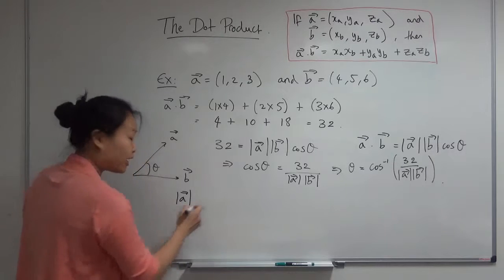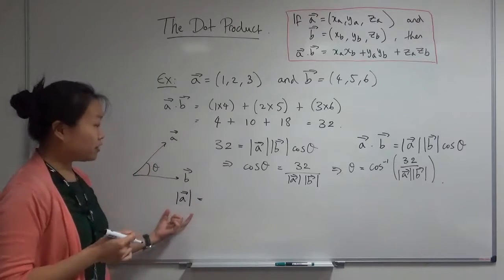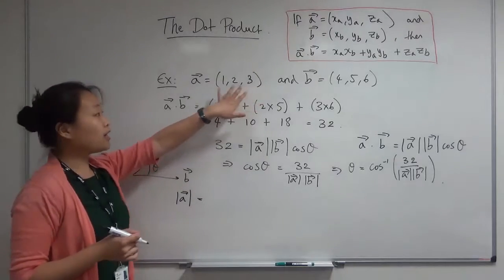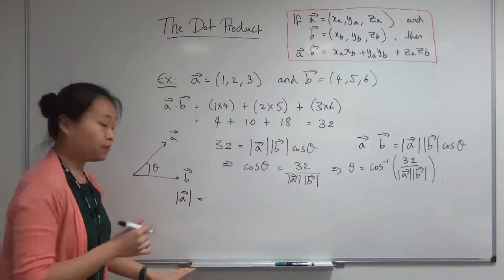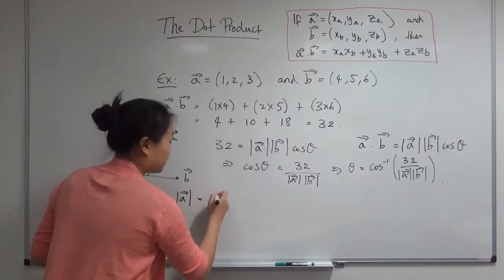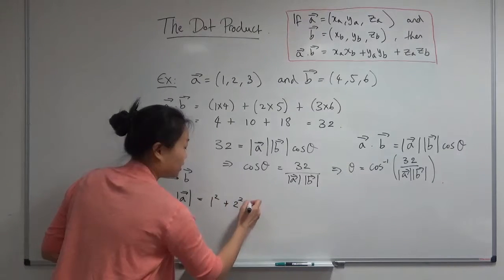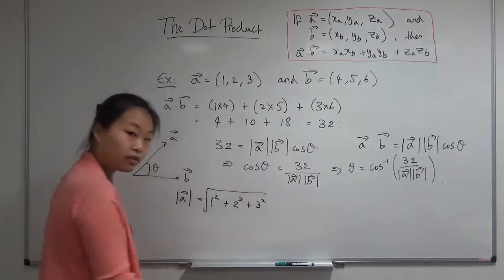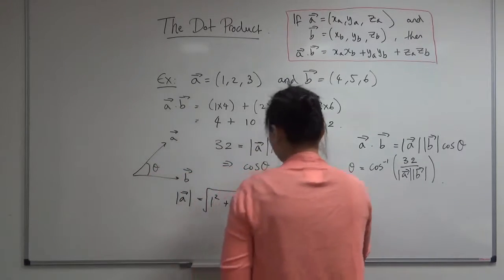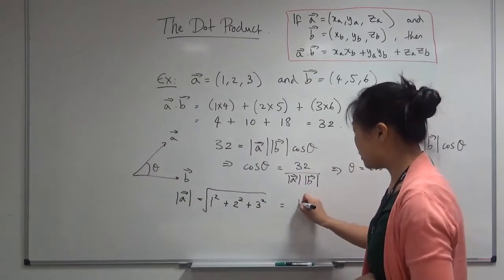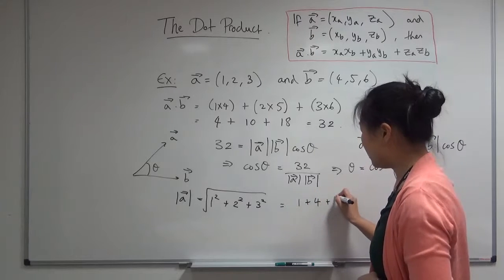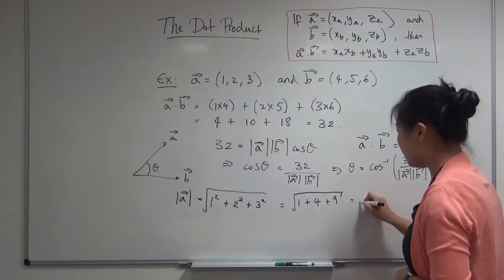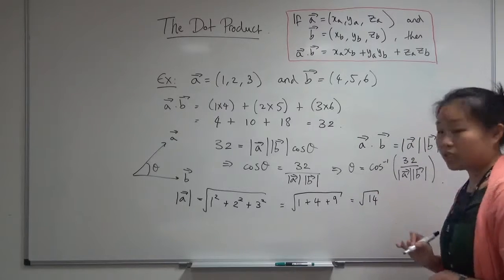So for the modulus of a, to find the length of our vector a we have to square each of the components, add them together and then square root. So we've got 1 squared plus 2 squared plus 3 squared, and then we're going to take the square root of that. So what does that give us? We get 1 plus 4 plus 9 and the square root of that, which is going to give us the square root of 14.